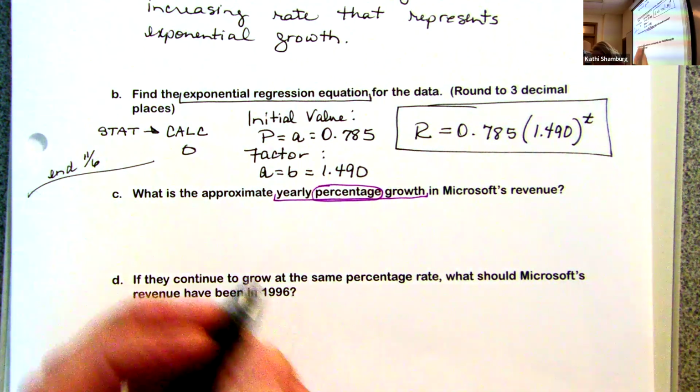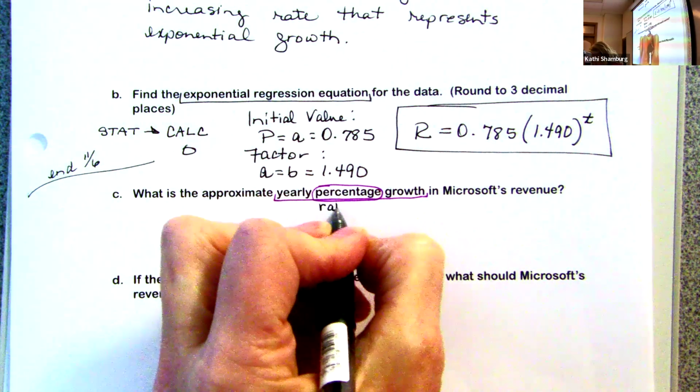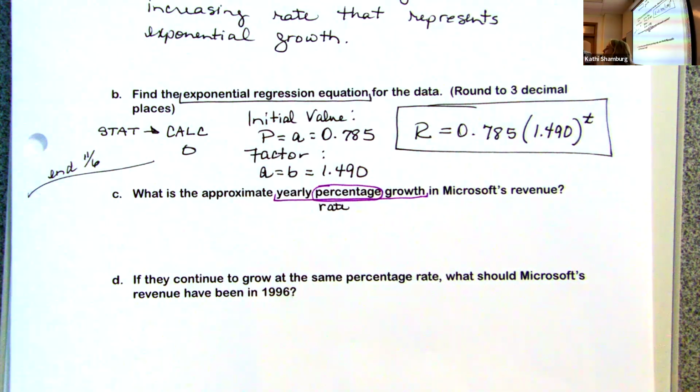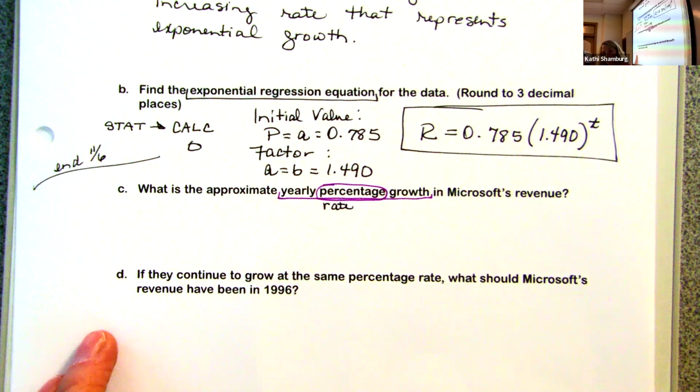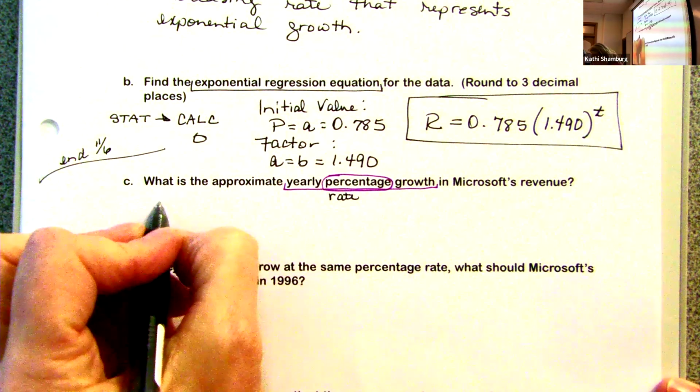The rate, thank you all, yes. So this means it wants us to find the rate. Where is the rate located? Rate is R, and it's located within what? The factor. And in this case, we have a growth factor, right? So the rate can be found from the growth factor.